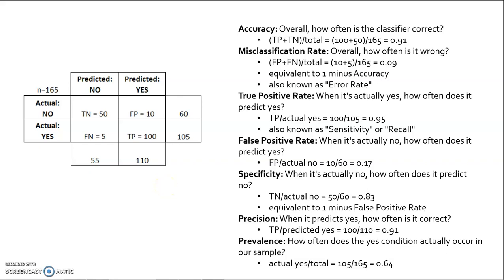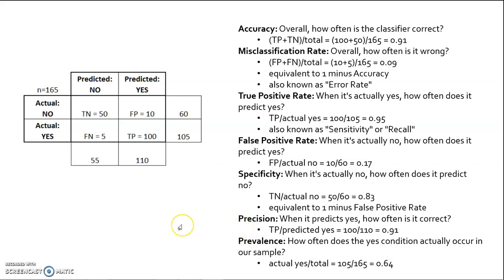Next is precision. With precision, we want to know, out of all of the predictions of positives that we have made, how many is it that we actually did predict correctly to be positive.